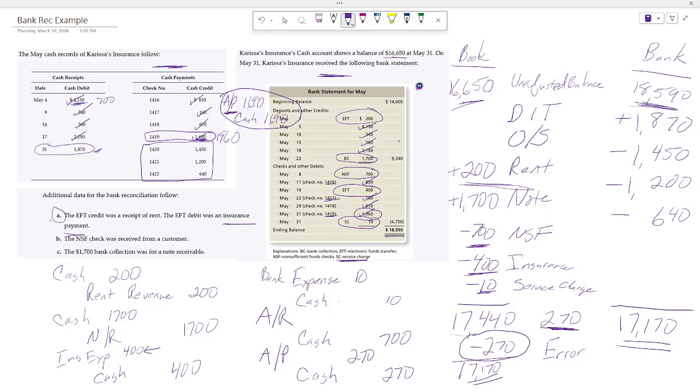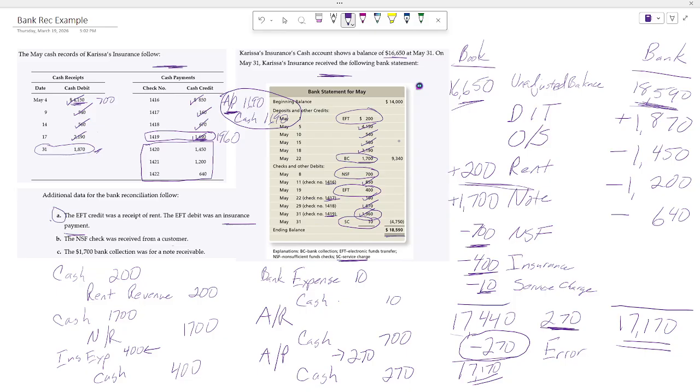It just depends on what the original journal entry was and what account we were trying to fix from it. So in this case, again, we made a mistake. We were supposed to debit accounts payable $19.60, but instead we only did $16.90. So we need to debit it another $2.70 to fix our mistake.